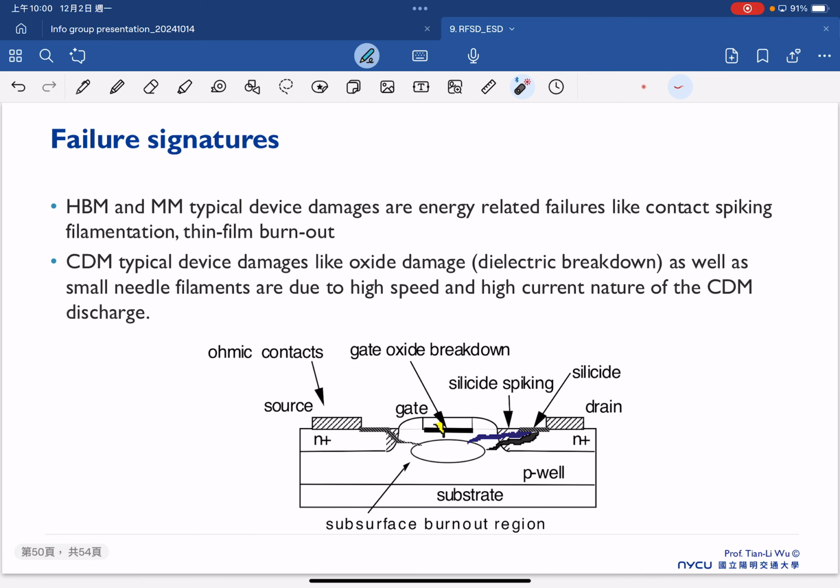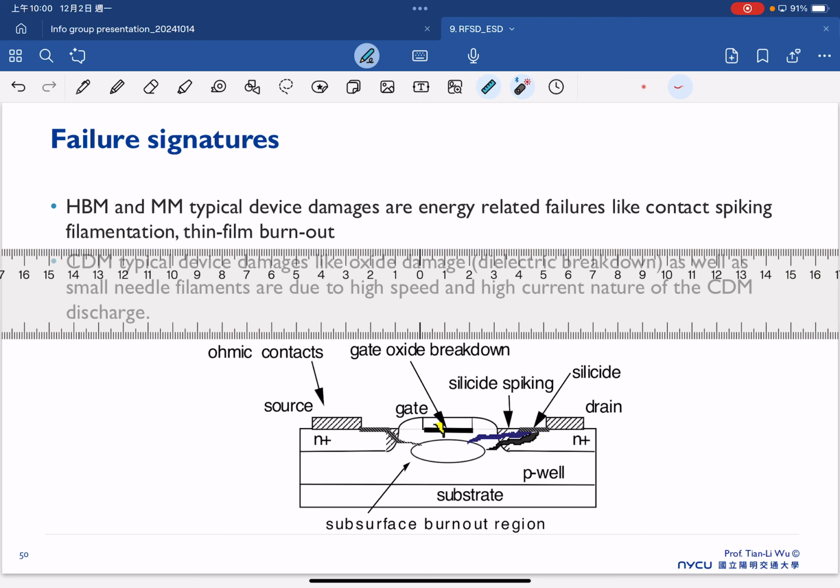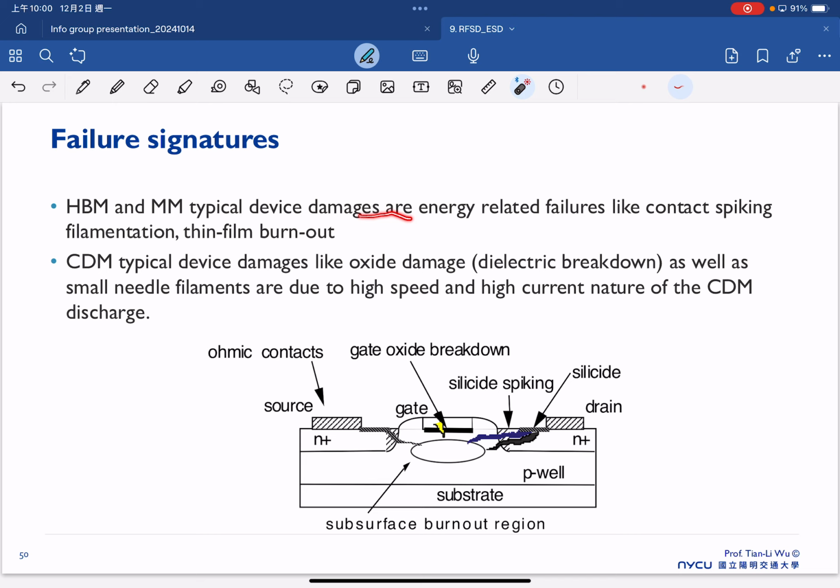So here is a typical example of the failure signature that we can observe. If we talk about the human body model or machine model, the typical device failures are energy related, like contact spiking and thin film burnout. These are possibly caused by the HBM or MM.